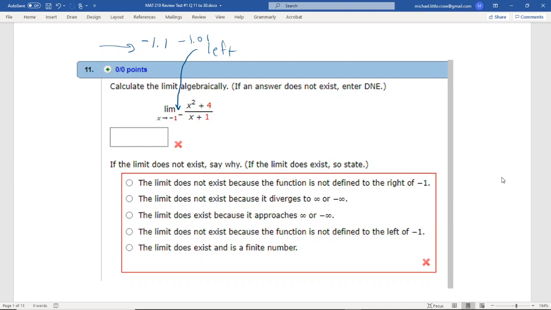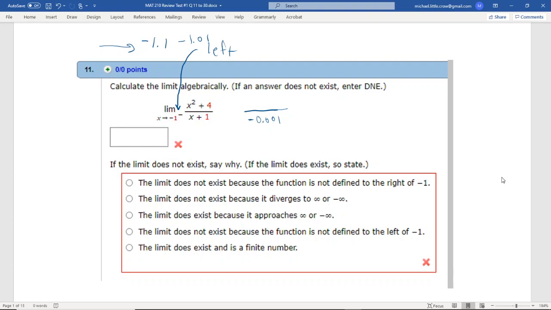So when we consider this algebraically, if we put in one of these numbers, we're a little bit larger than -1, so when you add 1 to it, your denominator is getting closer to 0 from the negative side. It's getting something like this, right? And getting closer and closer to 0, but it's got a negative.